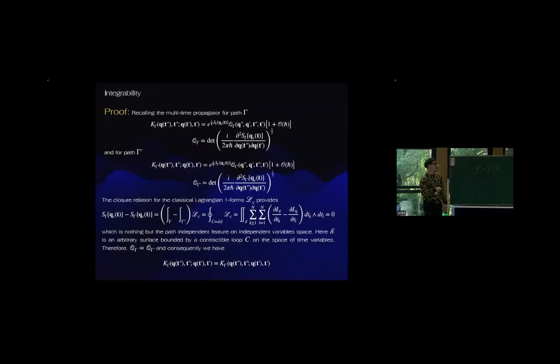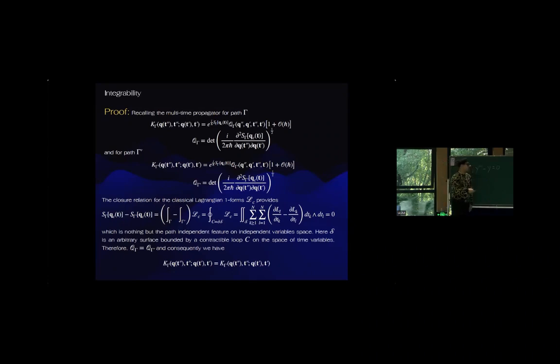We're going to start the proof by recalling this relation that I call K gamma here, where gamma is the path that connects two points on the space of time, right here. And we know that this Q gamma can be written in this way. And we have another path which shares the same endpoints, all right? So we have this one, and then we have Q gamma prime here.